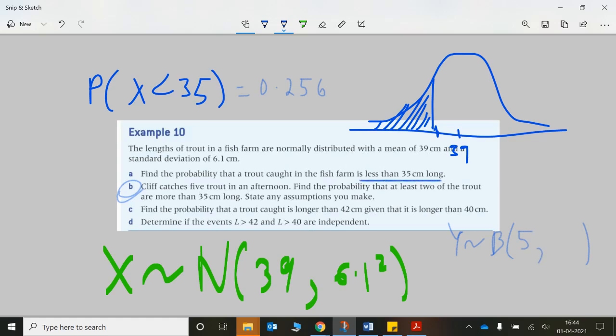Now this was less than 35 centimeters long, and now they say at least 2 of the trout are more than 35 centimeters long. So we can simply use 1 minus this probability to get the answer. And again, remember, equal to 35 has no meaning, right? So we can just use 1 minus the probability from the question above.